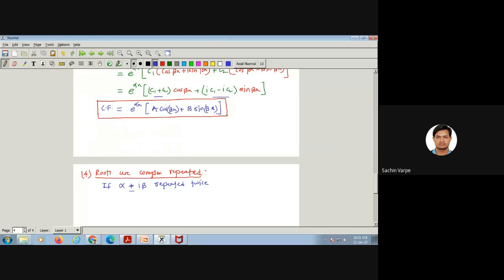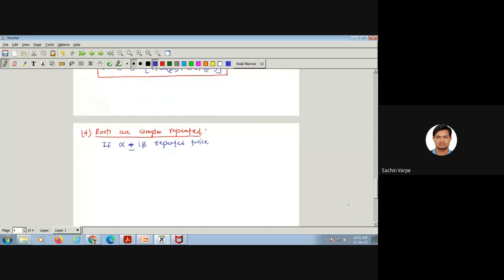So how many roots will we have in total? We will have four roots. So we should have four arbitrary constants in its complementary function, right? So I'm directly writing the formula now. The logic behind the formula is the same as we discussed in the second case.